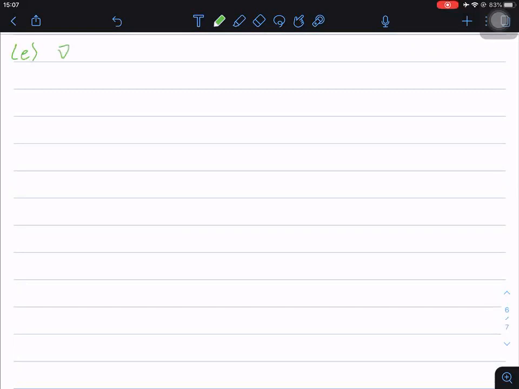Okay, first of all, for the gradient of f. Let me first write it down in Einstein notation. That's basically something like this, the covariant derivative of a scalar function. What's that?